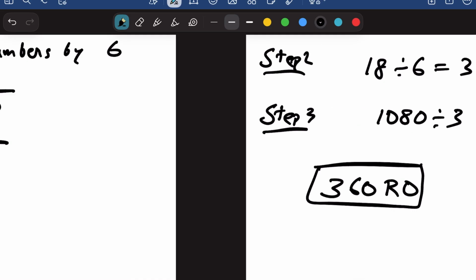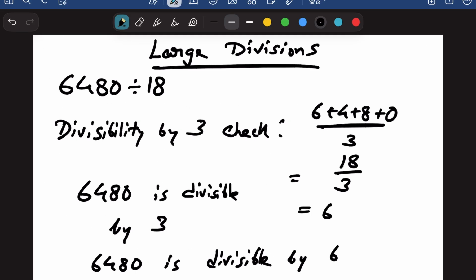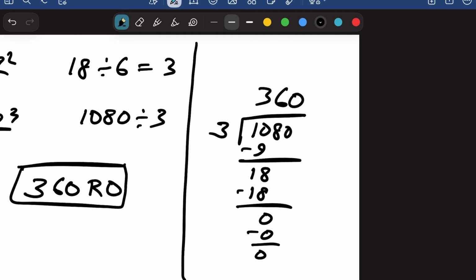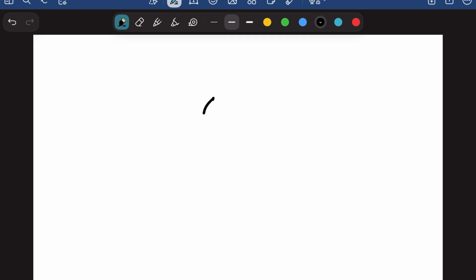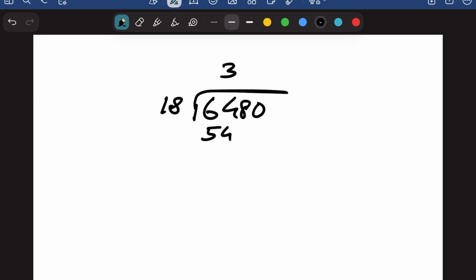Okay, so let's actually try to solve 6480 divided by 18 directly with a long division to see if we get the same answer. Okay, so for this, I'll imagine that you know your 18 times table. So 18 times 3 is 54.